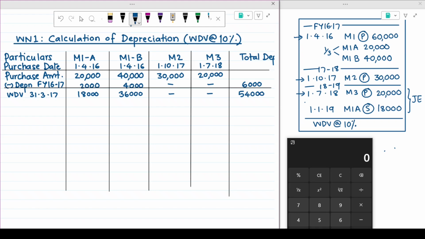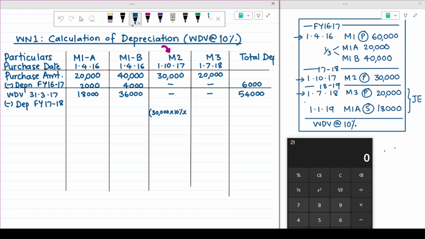Now in second year, we have purchased this machinery, right? So less depreciation for financial year 17/18. This machinery was purchased in between the year. So we will have to do the working 30,000 into 10% into, it was purchased on 1st October. So the asset was in the business for October, November, December, Jan, Feb, March.